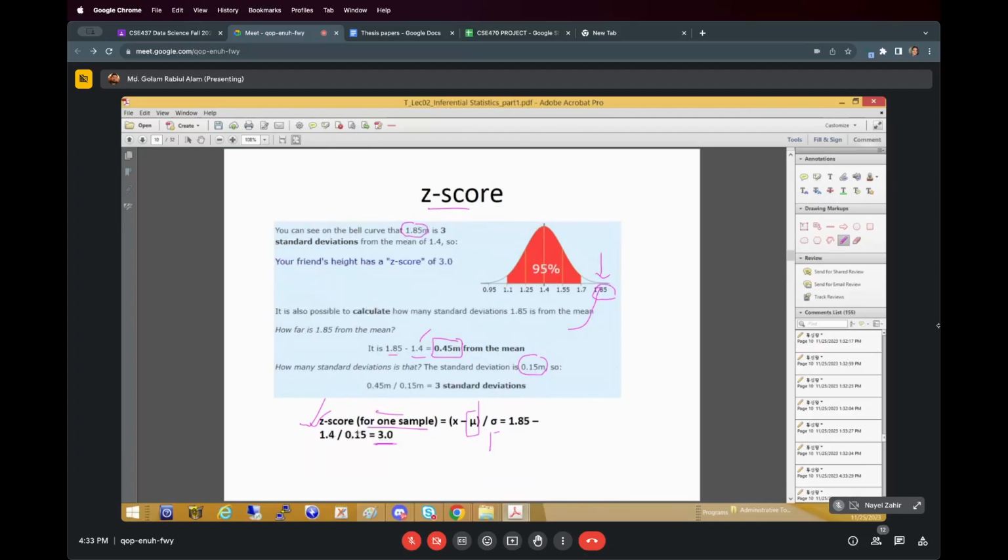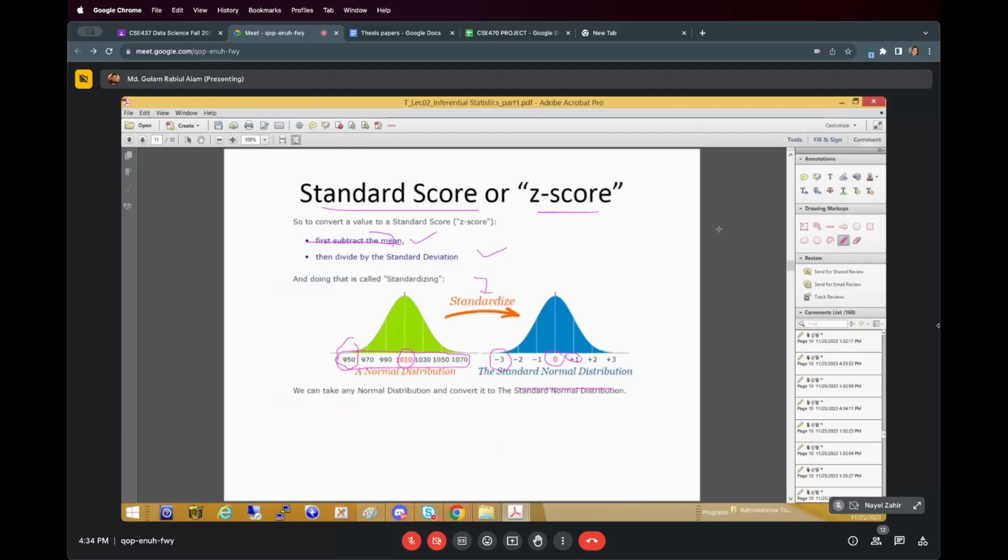So mu is 1.4 and standard deviation is 0.15, and x is the height of your friend, which is 1.85. So it is x minus mu divided by sigma, and then we get 3. It means that your friend's height is 3 standard deviations from the mean.